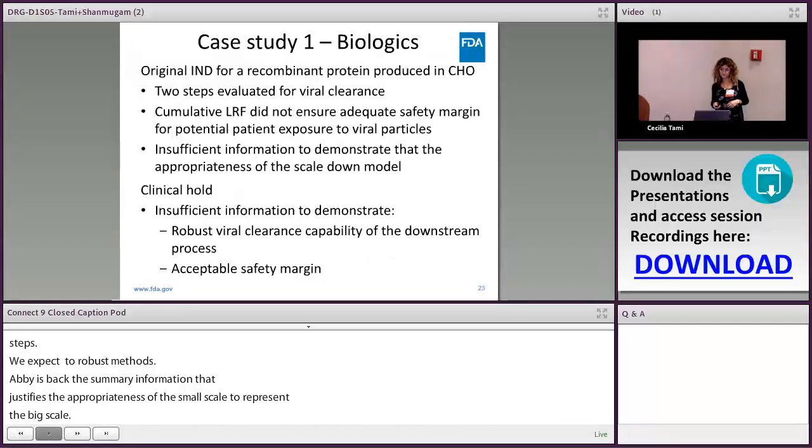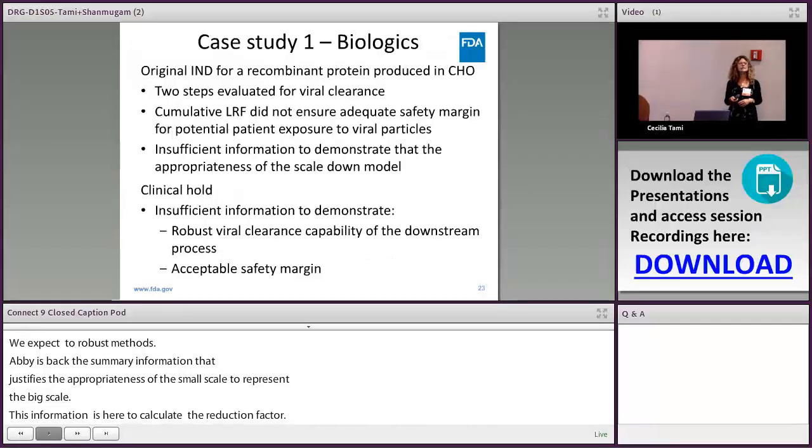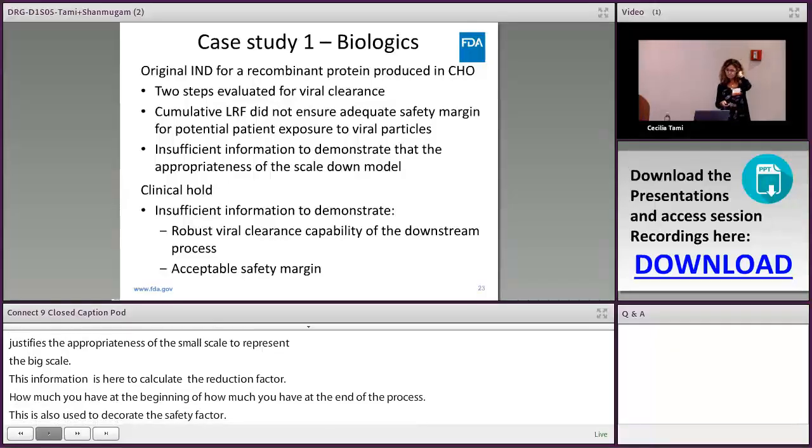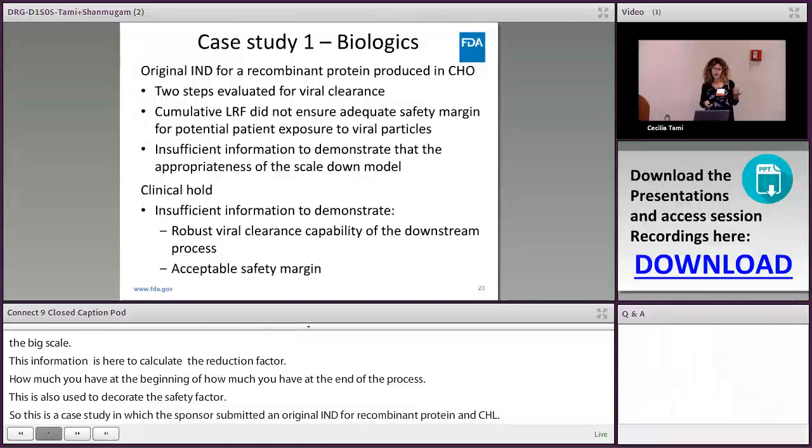So this is a case study in which the sponsor submitted an original IND for a recombinant protein in CHO. They provided data to support the viral clearance of two orthogonal steps, and when they calculated the log reduction factor, how many logs of viruses each step could remove, this was quite low.